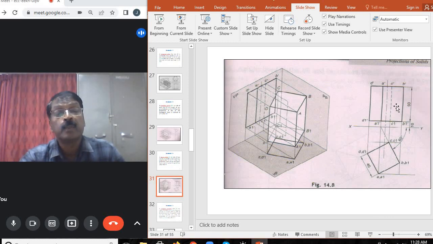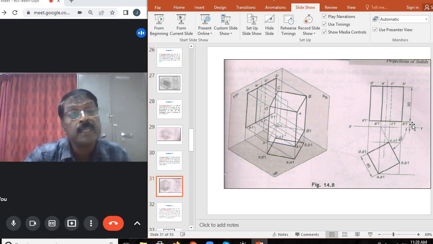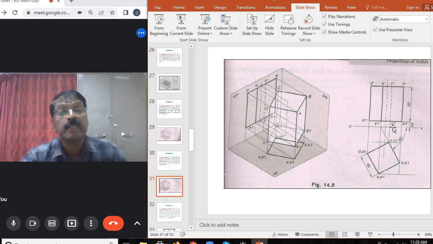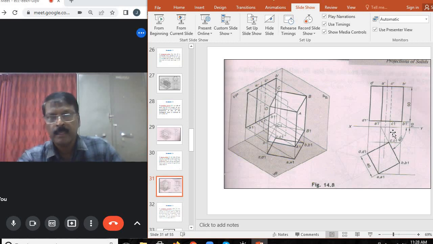Let us not worry about that now. One of the rectangular faces is at 60 degrees with the VP. Any angle with the VP is visible in the top view only. So while drawing the first edge of the top view, after completing the reference line XY, make 60 degrees and draw a line.